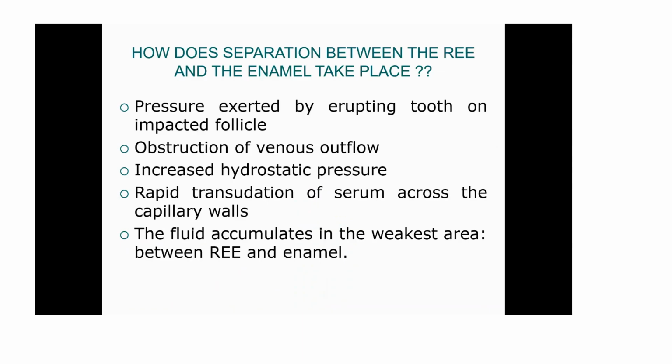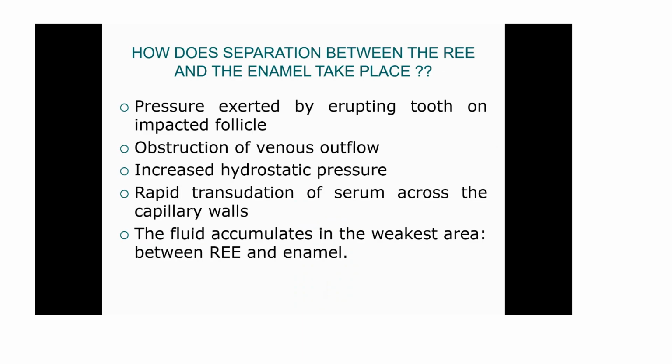Moving on, this is a very important question, especially for the postgraduate students. At undergraduate level, generally, you are not asked this question. How does the separation between the reduced enamel epithelium and the enamel take place? Basically, pressure is exerted by the erupting tooth on the impacted follicle.